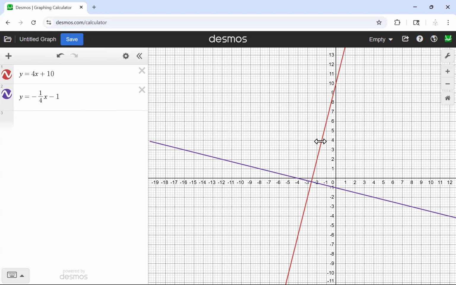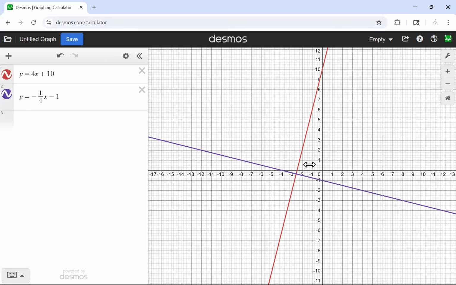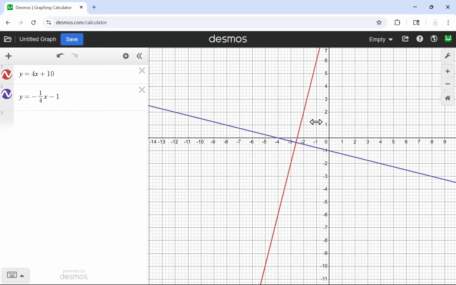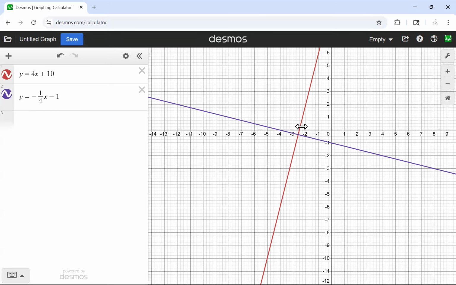Now, what's special about perpendicular lines is where they cross. This place at which they cross is actually a nice intersection because these two lines are meeting at 90-degree angles.